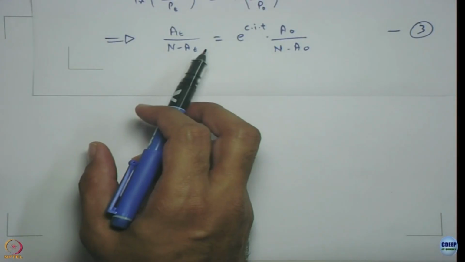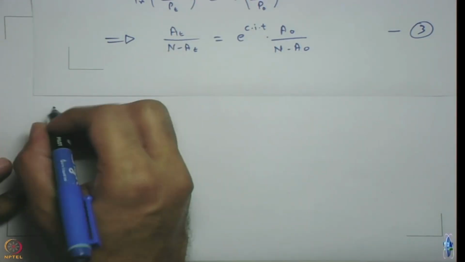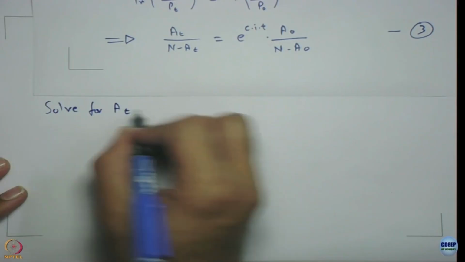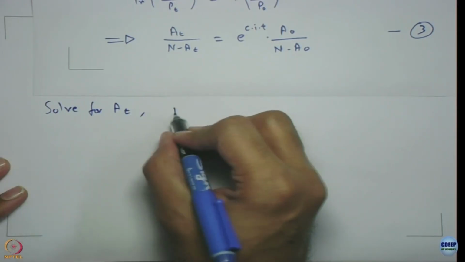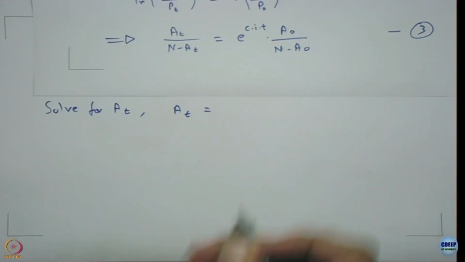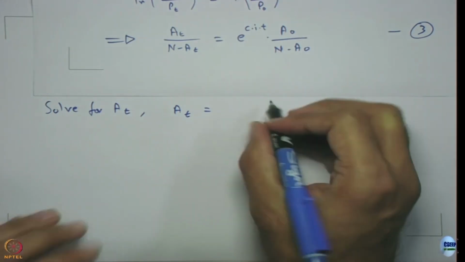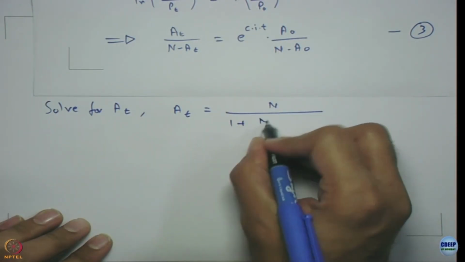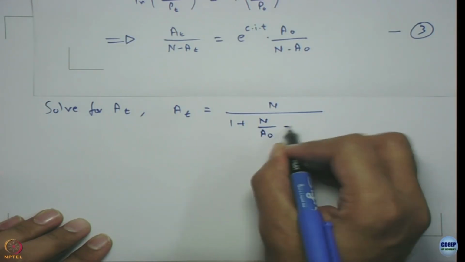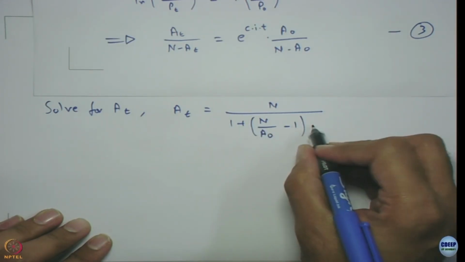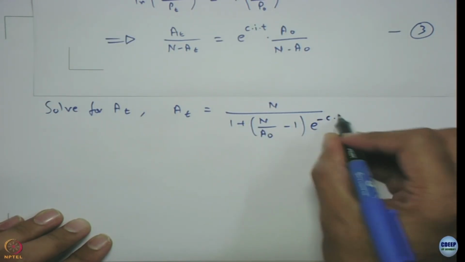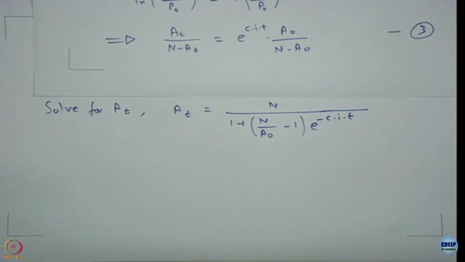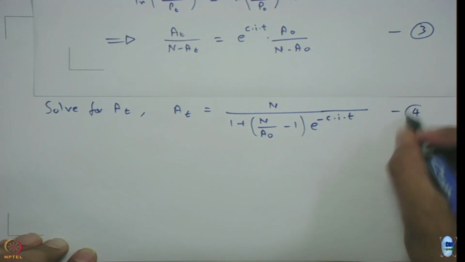I can directly solve from this equation for AT to get AT is equal to N divided by 1 plus N by A naught minus 1 into e power minus CIt. Let us call it equation number 4.